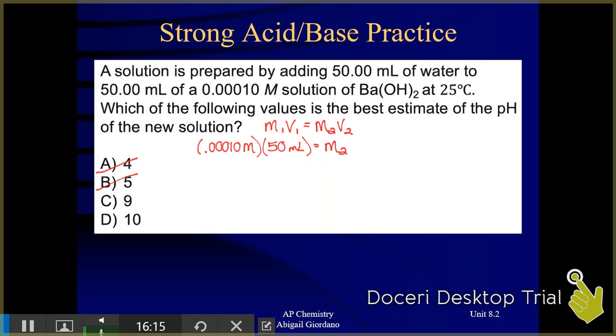After it's diluted, I don't know what its molarity is. That's what we're going to find out, but it's total volume now because I added 50 milliliters of water. The total volume there is 100. Okay, so this is the molarity of my barium hydroxide solution, and I get this.